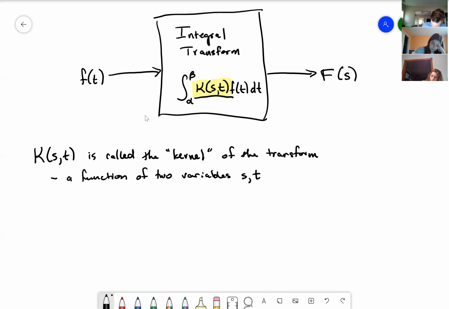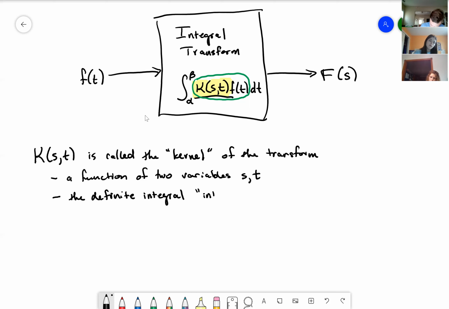And so what we get for this integrand is a function of two variables, s and t, multiplied by the input function, which is just a function of one variable, t. So that product is now a function of two variables. When we perform the definite integral, we're just treating s in this expression as if it's some constant. And so the definite integral gets rid of that t.